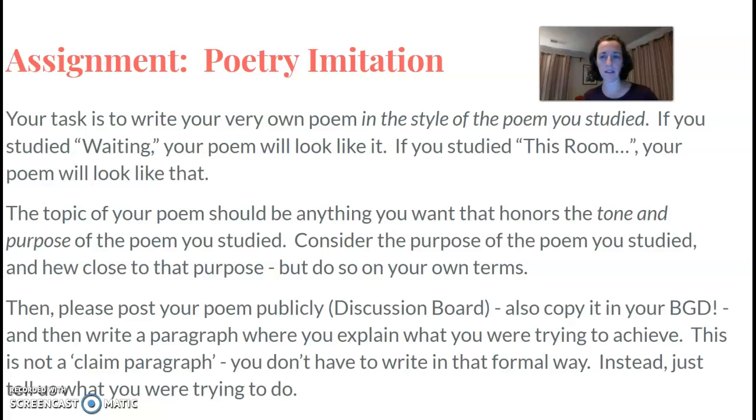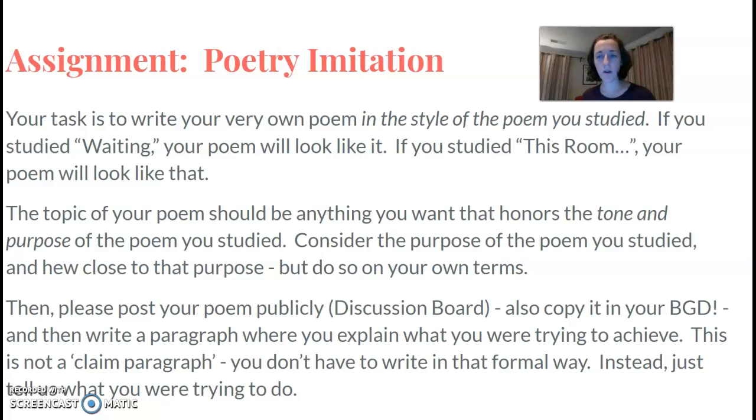And I'll try to show you a model of that. This is yet another constraint. It is me saying, you can't write about just anything. You've got to also write about that thing. And why? Well, if the poet chose that structure to communicate this message, then by that logic, you should take that same kind of message when you use that structure.